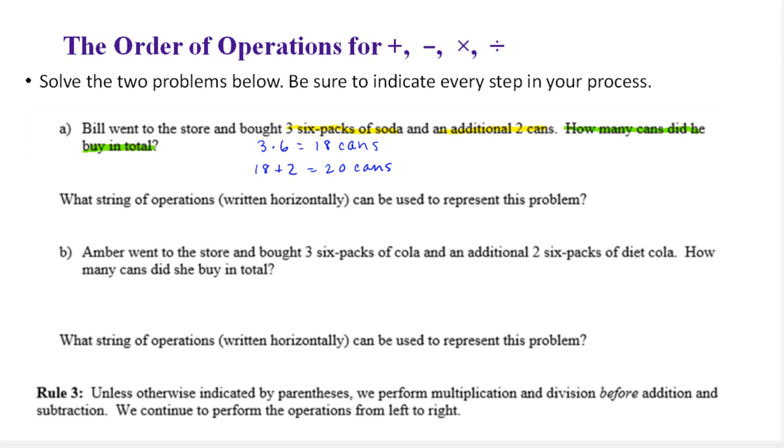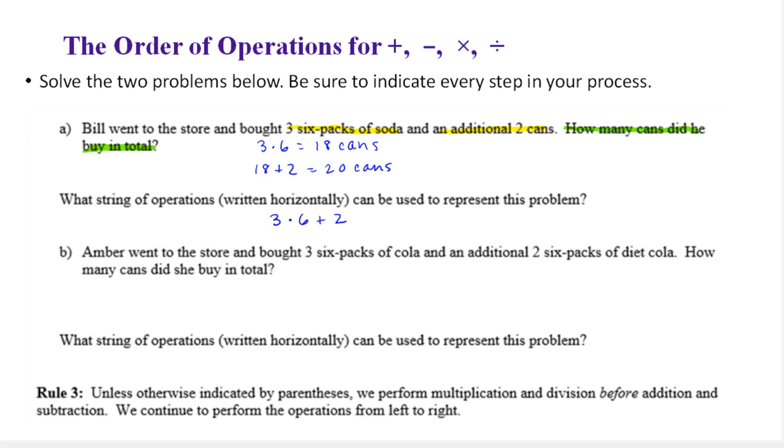Okay, so we can write this string of operations horizontally as 3 times 6 plus 2. Okay, so the question is, I wrote it left to right as we performed it and how the context implied it. Do we do the multiplication or addition first?